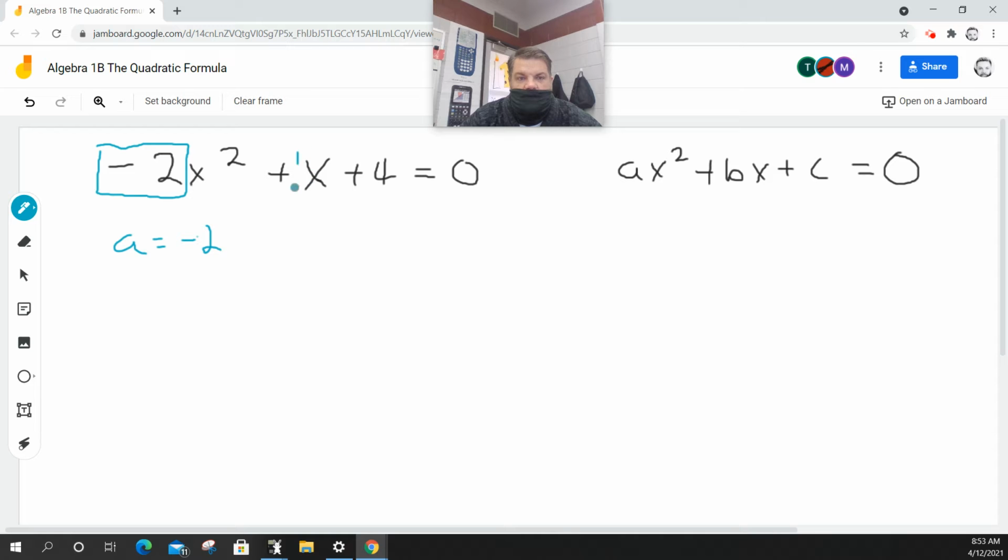When I'm looking for b, it's not listed. In other words, it's not written down, but it's an implied 1, right? How many x's do I have there? Just 1. And then c is a +4. Now notice that Mr. Adams is very careful to include the sign in front of it.